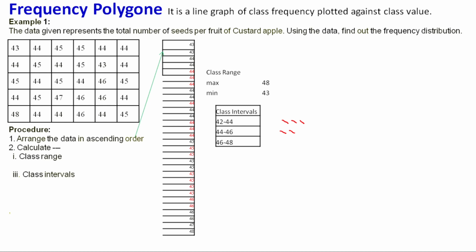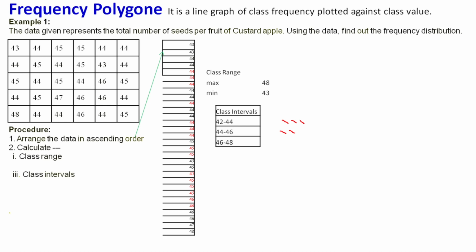After that we have to prepare the frequency distribution table, and this table is nothing but the essence of what we have so far made, that is class intervals, and based on that we go ahead with tally bars. Tally bars are made by using manual observations of what lies in that particular class interval or class range 42 to 44.